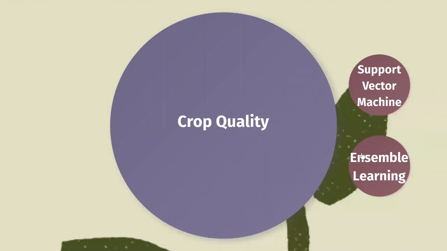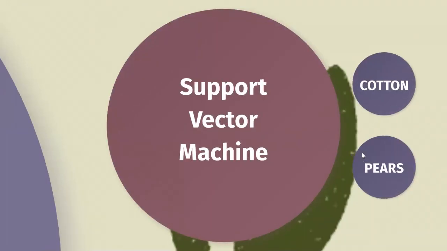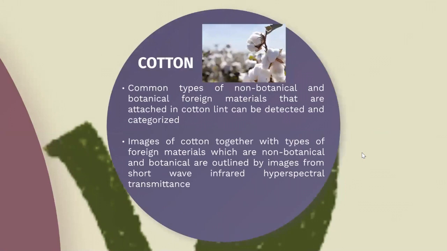Increased accuracy in detecting and categorizing characteristics of crop quality can result in a raise of price of crop product and a reduction in waste production. There are two models that can be used in crop quality. The first one is support vector machine. By using this model, common types of non-botanical and botanical foreign materials that are attached to cotton can be detected and categorized.